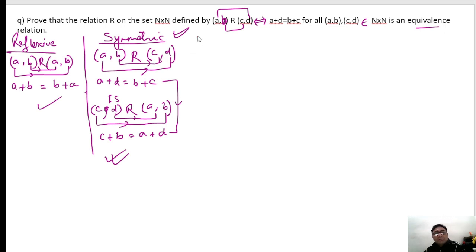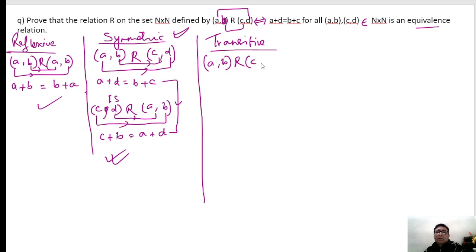Now let's test for the transitive. So for the transitive, (A, B) R (C, D) means A plus D equal to B plus C. And now (C, D) R (E, F).